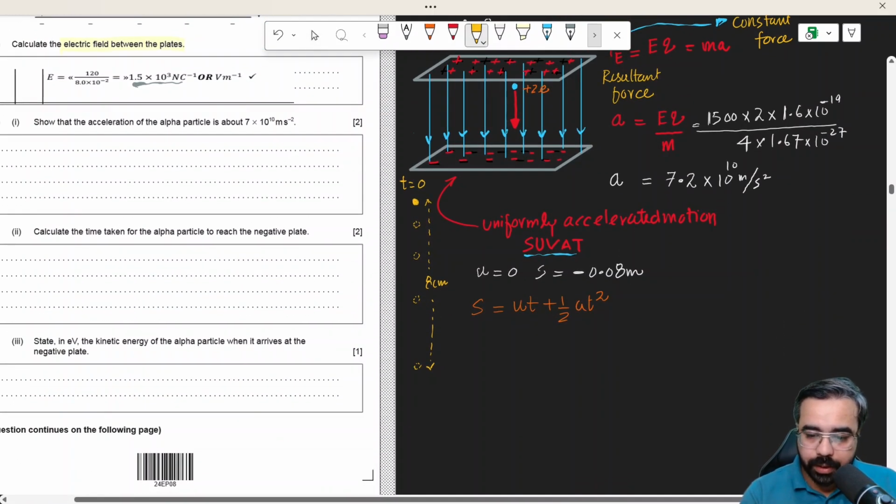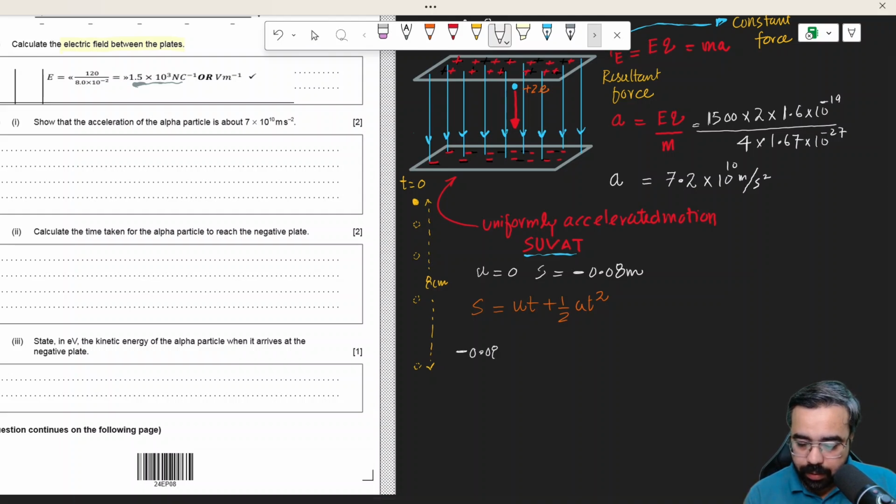So let us apply this equation. That is negative 0.08, this term will become 0, equals 1 over 2 into a t square. I'm taking the displacement negative because it's going downward, and due to the direction of acceleration, it is also negative here. Because time cannot be negative, this negative sign will cancel out with this negative sign, and you can multiply by 2 on both sides, and then divide on both sides of the equation to find the time.